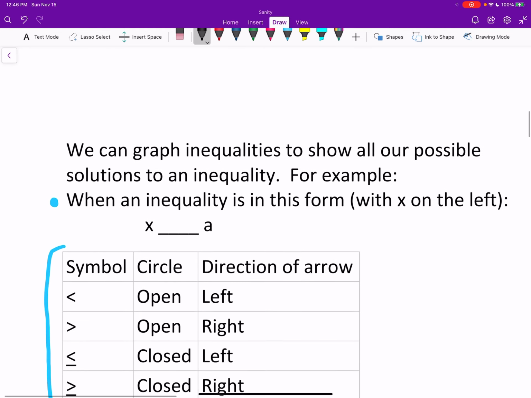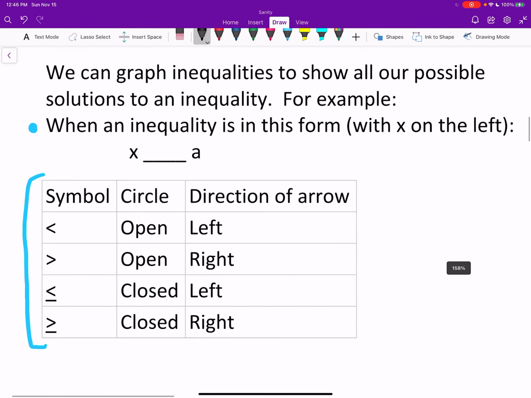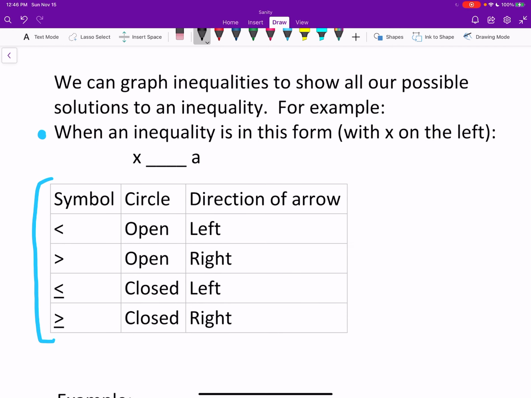Let's talk about graphing some inequalities here. When we graph our inequalities, basically we're looking at an entire solution set. I've got a little table, might be a good thing to get down. If you have an inequality in this form where x is on the left-hand side, and maybe you have less than or equal to, or greater than, a, just a constant.